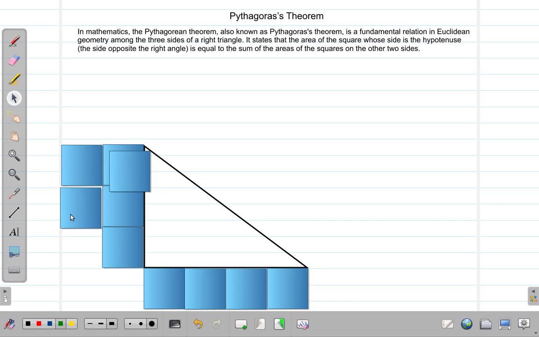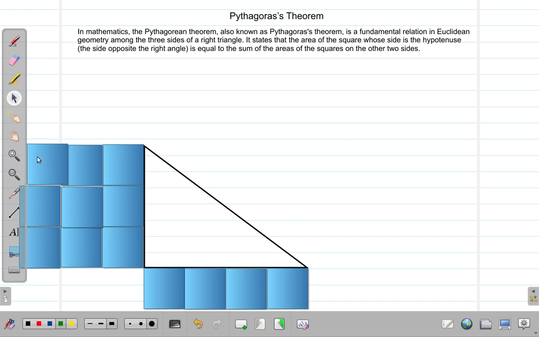We want to form a square with these shapes, right? Just pasting some more squares. Remember, all of these squares are the exact size. Alright, so what we're seeing is that this side measures 1, 2, 3 squares.